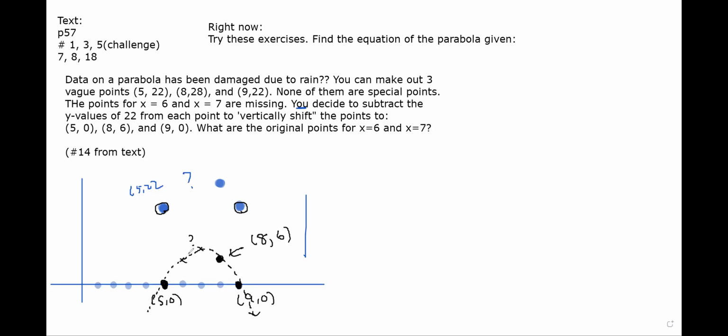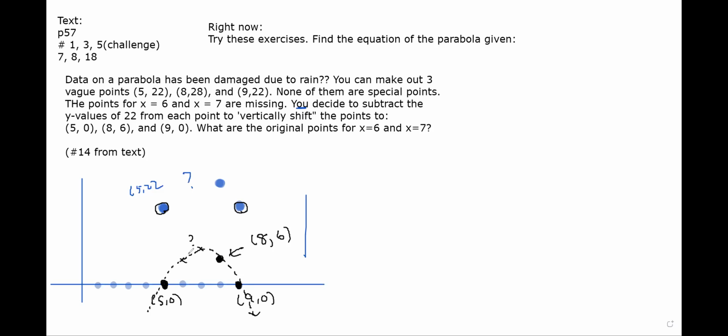What did you plug in? What did you plug in? How did you find 28? Oh, I know, I know, I know. You used the bottom numbers, right? And then you plugged in 8 to 28 and stuff.